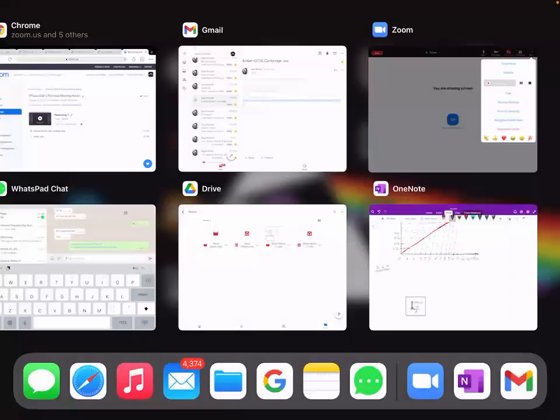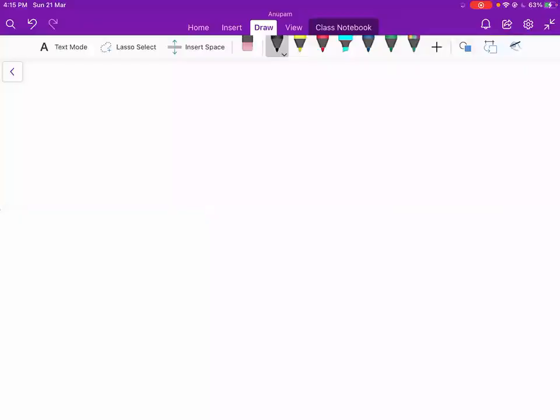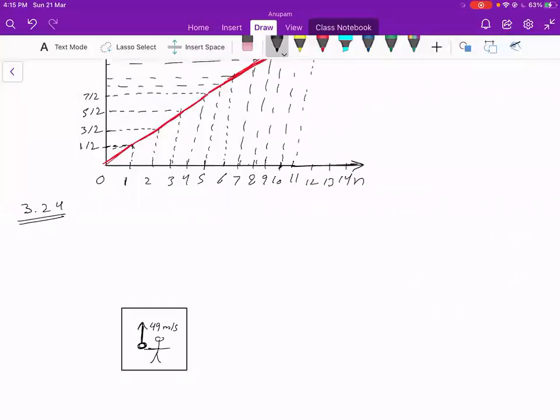Because v equals u plus at, and that t I got 4.9. Right. So if you use v equal to u plus at, v you take as 0, u as 49, a as minus 9.8. Is that what you did? No, minus 10. Okay.